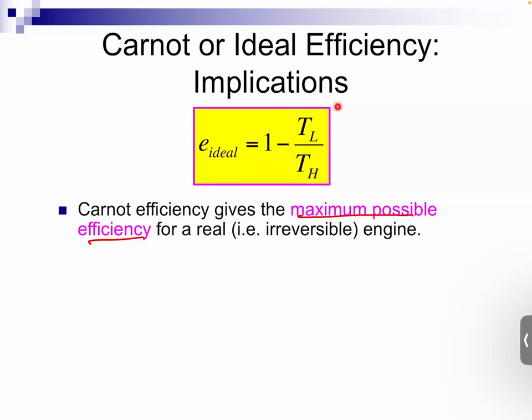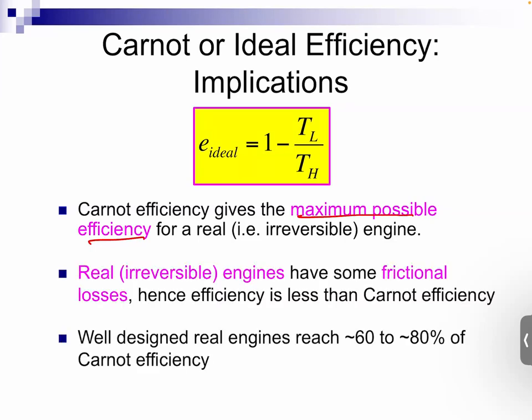Once you've determined the lowest and highest temperature you can have in your engine, you can then estimate the maximum possible efficiency, assuming that you don't have frictional losses, right? That will be the maximum possible efficiency in your perfect engine.